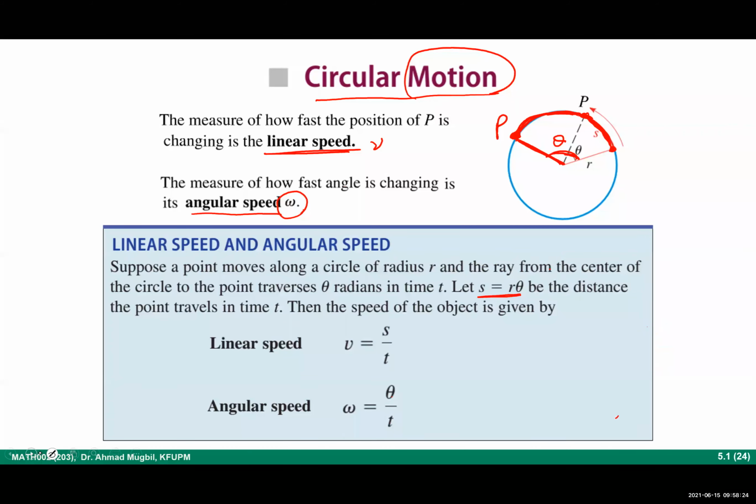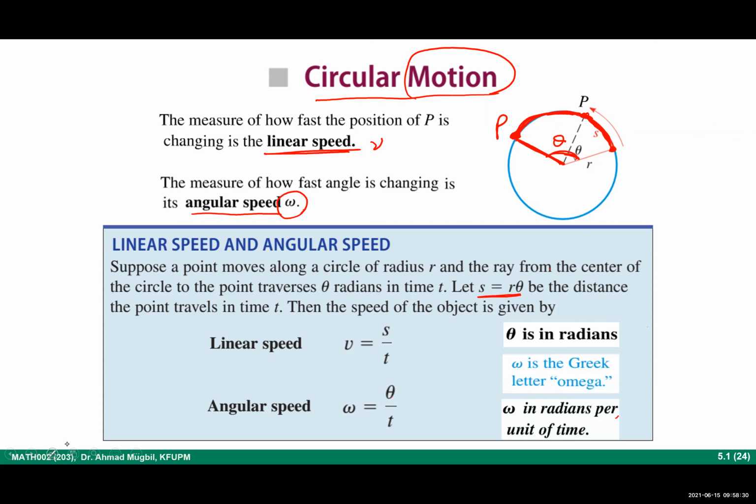Don't forget, Shabab, that theta is in radians. Don't forget that always when we deal with this.